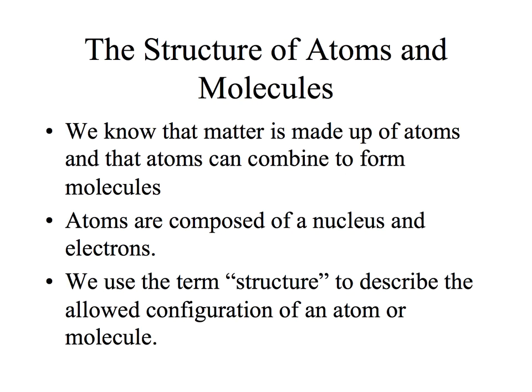So to begin with, we do know that matter is made up of atoms and that atoms can combine to form molecules. We know that atoms are composed of a nucleus surrounded by electrons. We use the term structure to describe the allowed configuration of an atom or a molecule. From your high school chemistry, you'll recall that atoms have electrons around them.